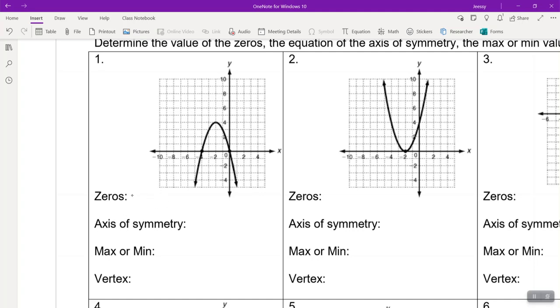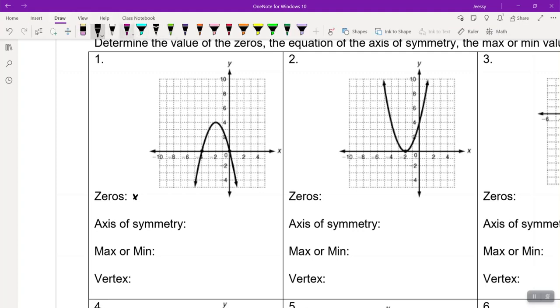The zeros are the x-intercepts. Okay, zeros are your x-intercepts. So when you're looking at the parabola, you're looking at where you're crossing the x-axis. And in this case, it happens at -4 and it happens at 0.